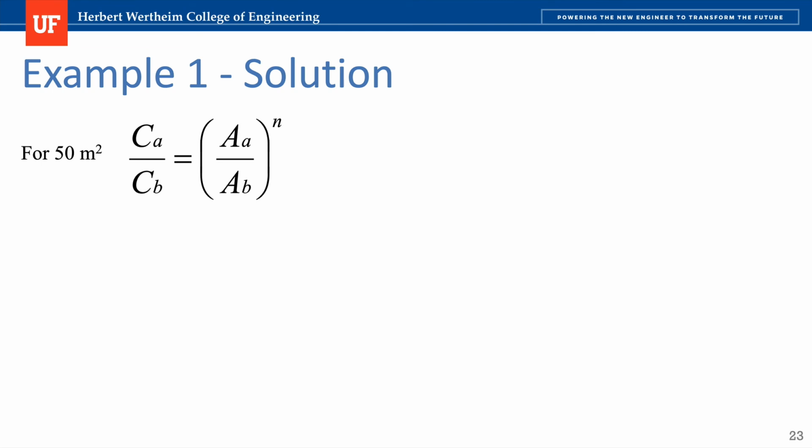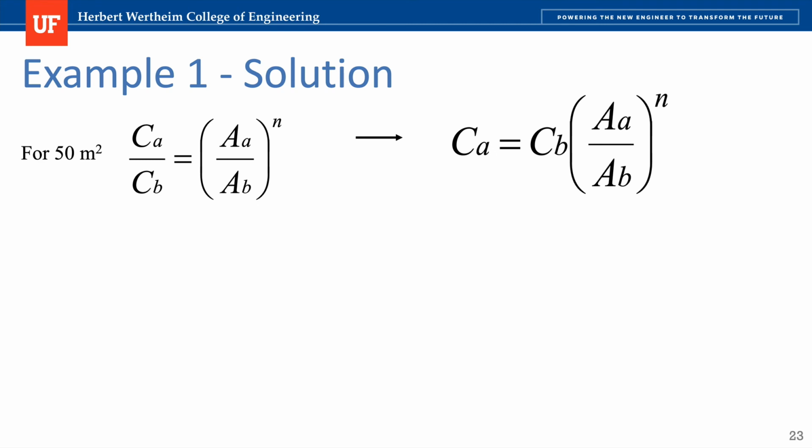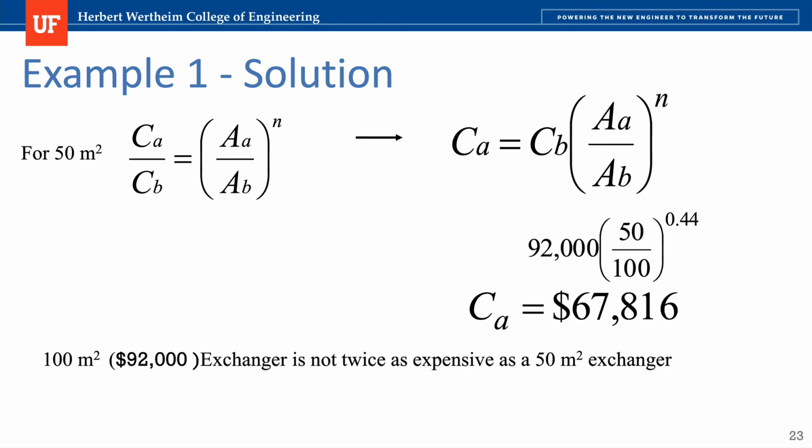So what we do is we have the equation relating the capacity. We can calculate the cost of our required equipment by multiplying the cost of the equipment that we know the price for, times the attribute, here the area A, of the equipment that we want to get the cost for, divided by the attribute, the capacity, of the equipment that we know the price for, everything elevated to the 0.44.